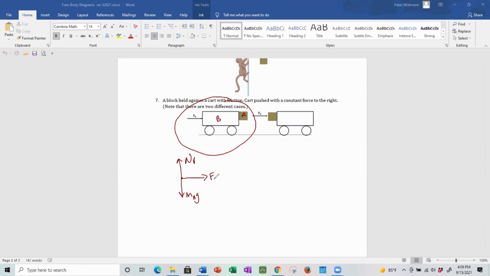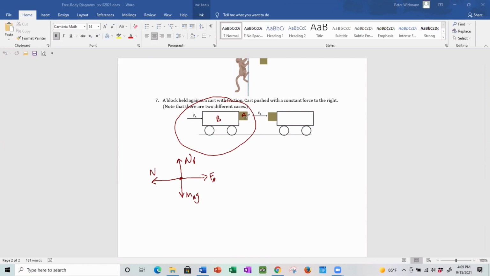I have the applied force FA. Oh, and look, I'm going to have a normal force between B and A. So the normal force of A on B works this way. So I'm going to call that N.